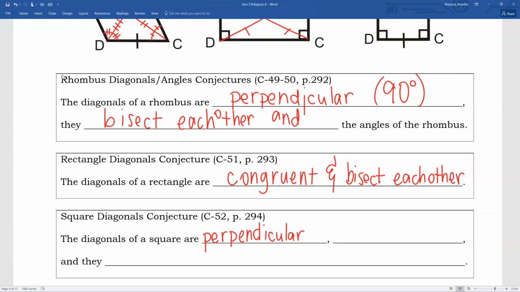They are congruent. That means going from one corner to the other will be the same distance if we do the opposite corners. They bisect each other, and the angles.